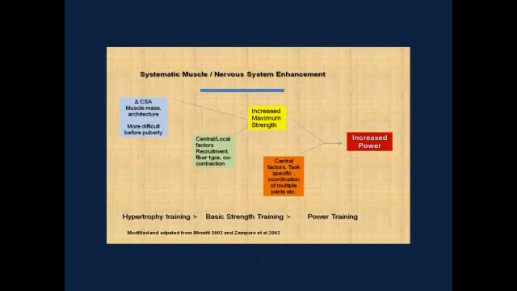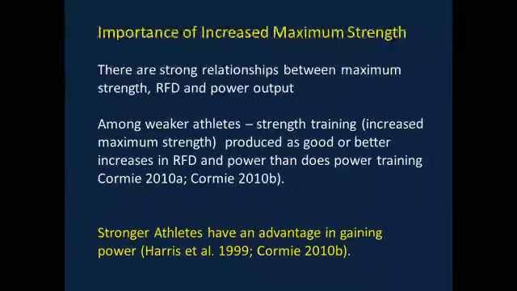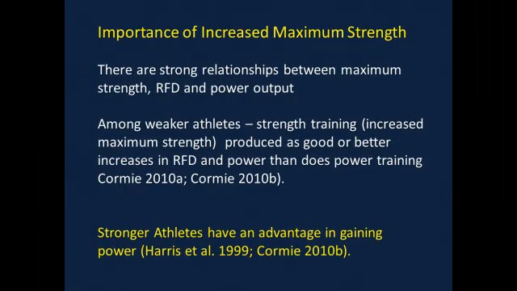We know that there are strong relationships between maximum strength, rate of force development, and power output. In fact, among weaker athletes, which most Division I athletes are, working on increasing strength produces as good or better increases in rate of force development and power than does power training. And there are several good studies showing that.